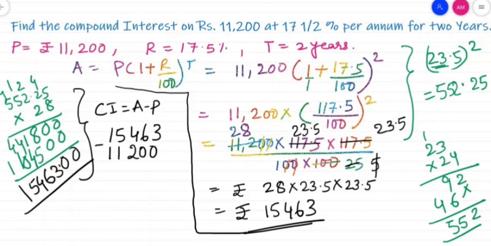Subtract it. So rupees 4,263 is the compound interest.